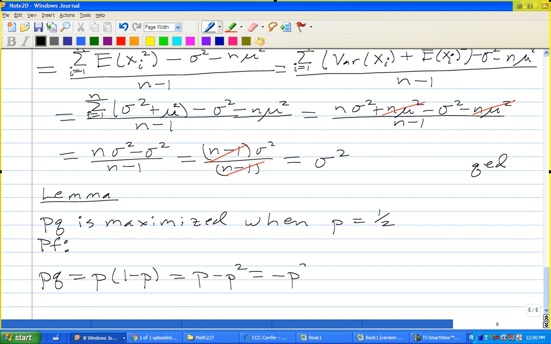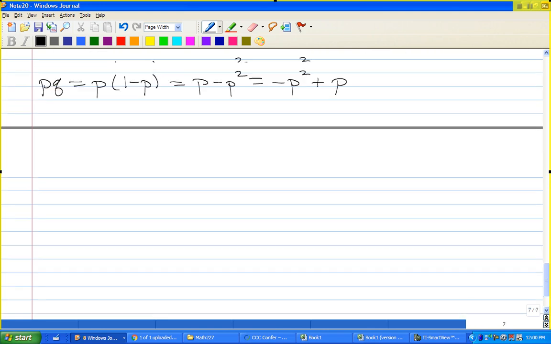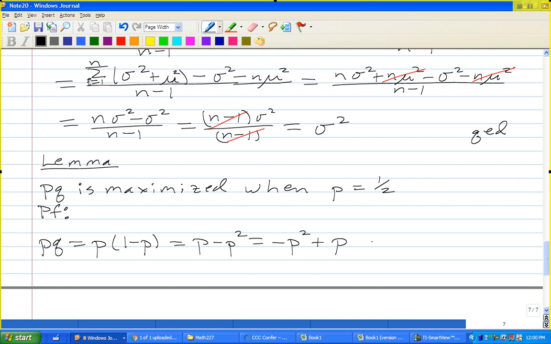So I can see that this is quadratic in P. So therefore, its graph looks like a parabola.